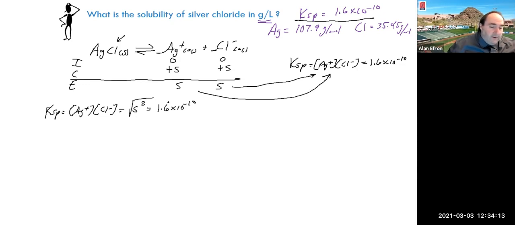We're going to take the square root of both sides there, right? And that's going to get us an S value of about 1.3 times 10 to the minus 5, I think.